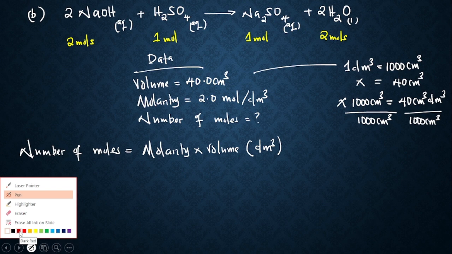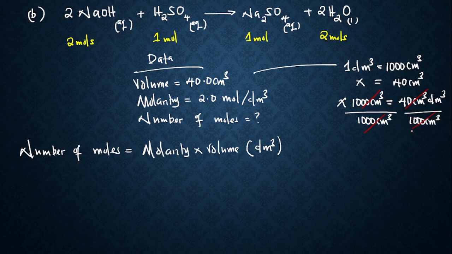When you cancel the centimeter and centimeter, we remain with the decimeter. Then 1000 into the 40, we are going to have 0.04 decimeter cubic.